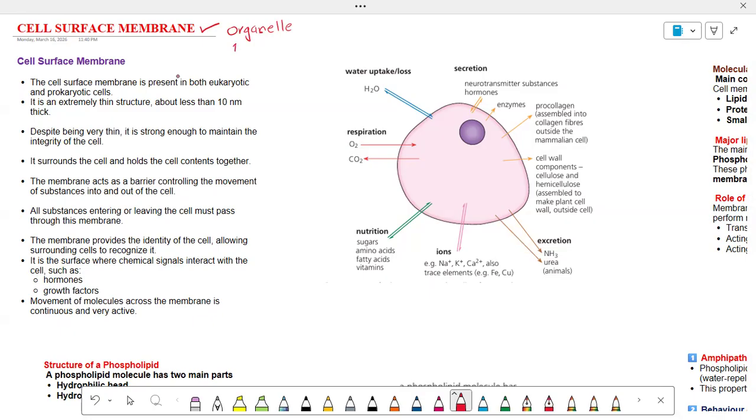We can call these cellular structures organelles if they have two properties. First, they are double membrane, and the other one is they perform a specific function. If these two properties are part of that cellular structure, then we can call it an organelle.